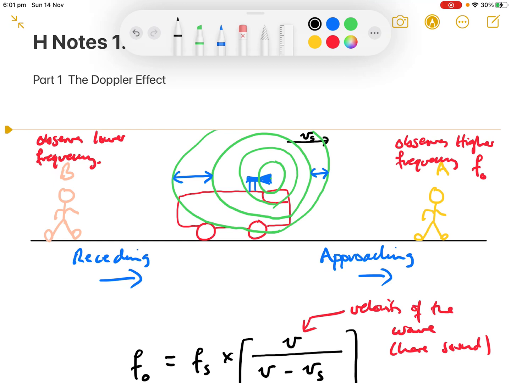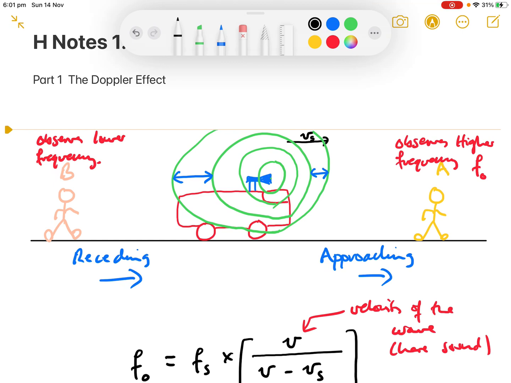Now, because the source itself is moving, that's the fire engine, the sound waves coming out of the siren get squashed or bunched up ahead of the fire engine.